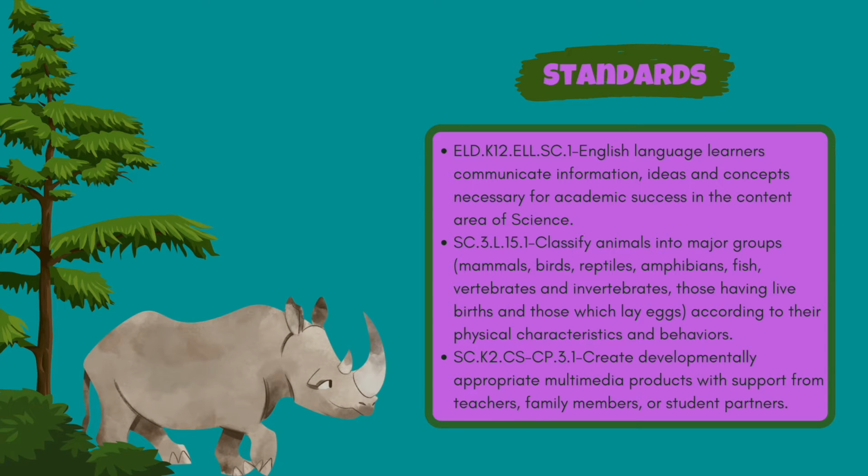But it also covers vertebrates and invertebrates, and those having live birth and those which lay eggs according to their physical characteristics and behaviors. And then another standard, this one's kind of a prerequisite: create developmentally appropriate multimedia products with support from teachers, family members, or student partners. And that one is computer science and computer programming.